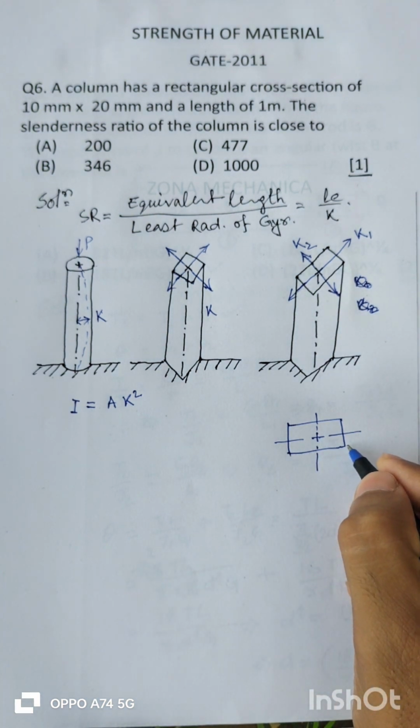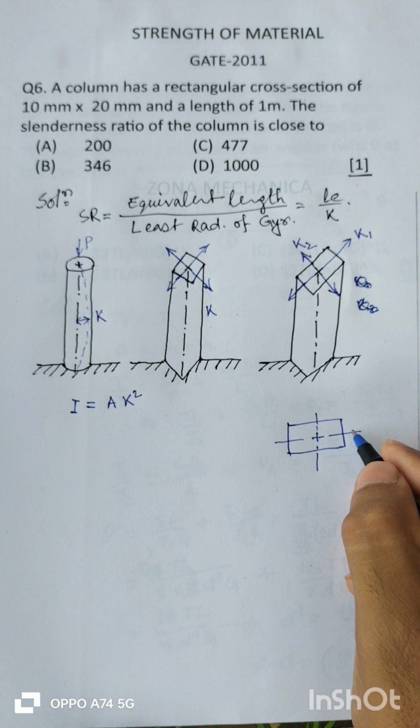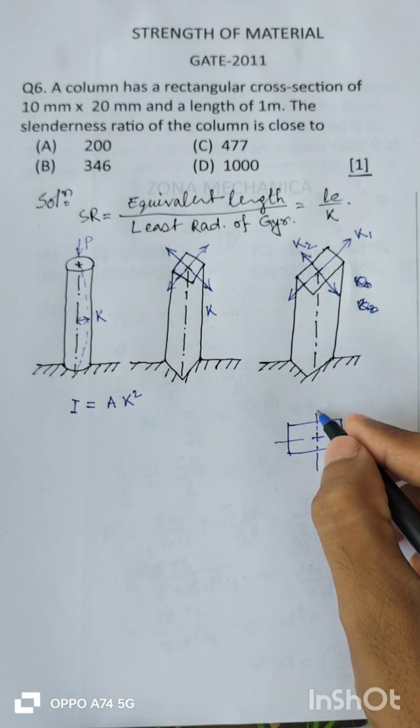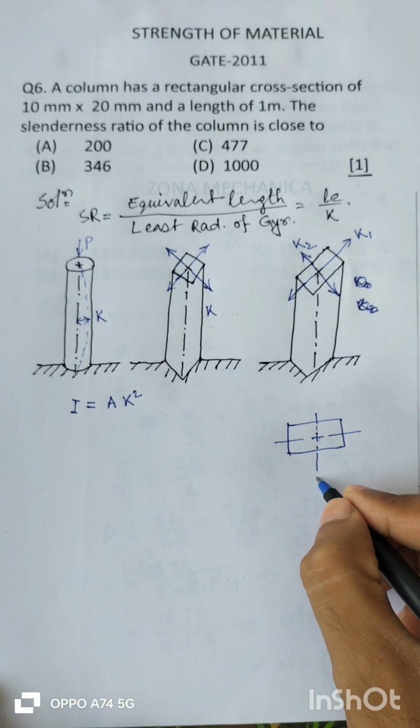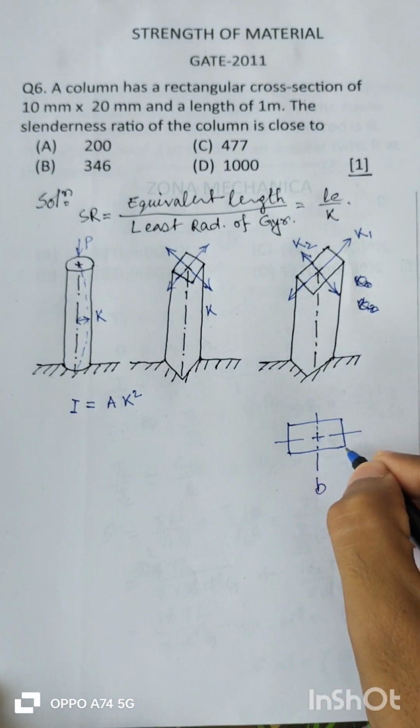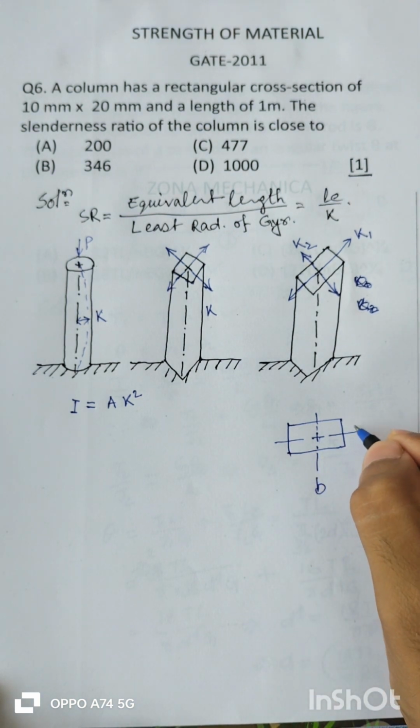This longer side is major axis side and this shorter side is minor axis side. Let this longer side be B, and shorter side be D.